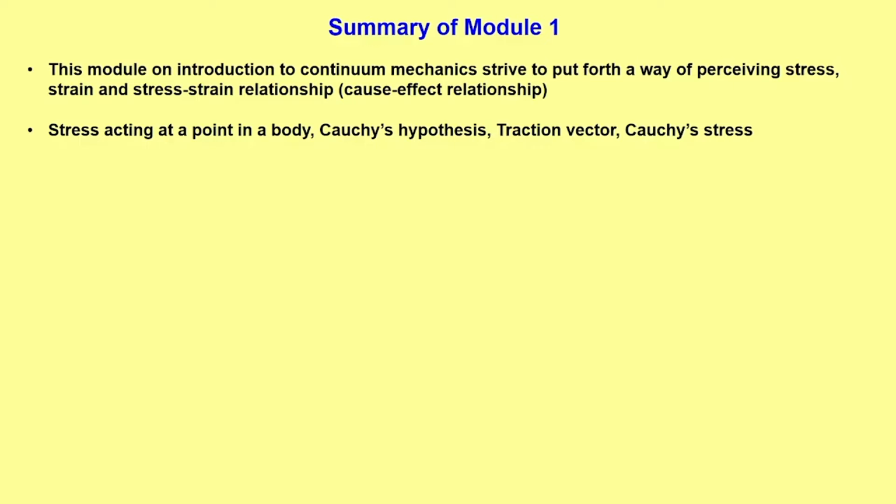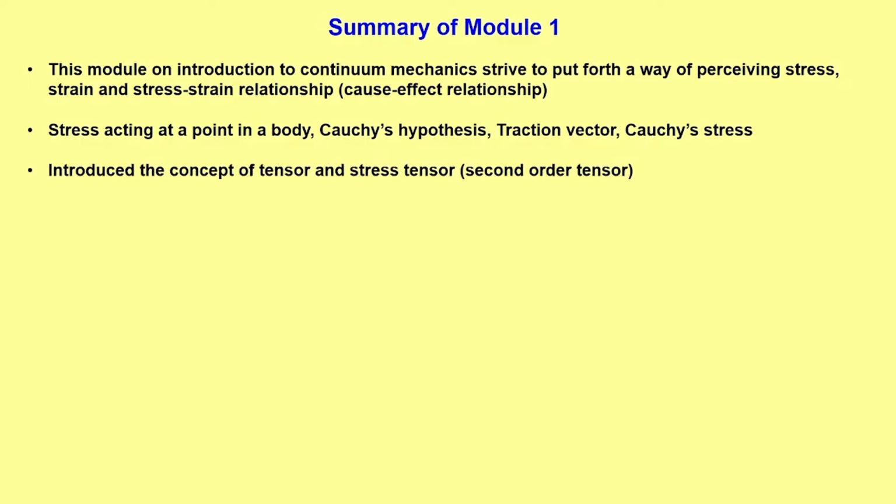Based on the traction and using Cauchy's formula, we evolved Cauchy's stress, which is the stress acting at a point, and it was a 3×3 matrix formulation with 9 stress components. Later we saw that there are 6 independent stress components.